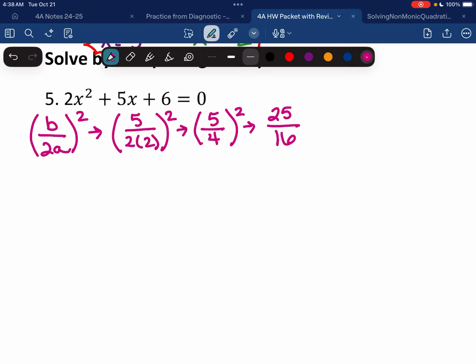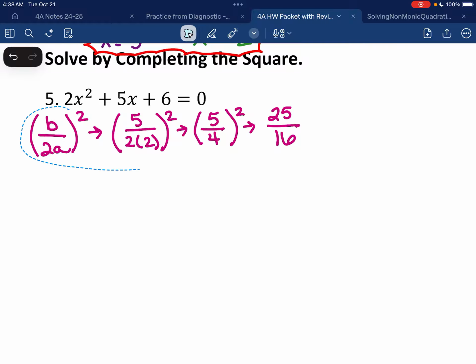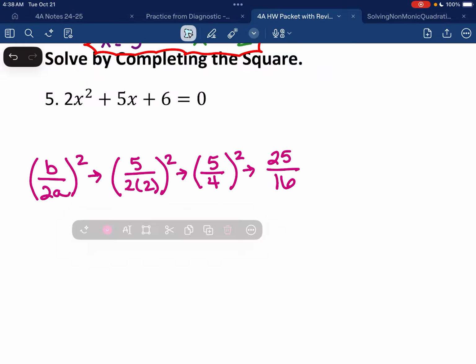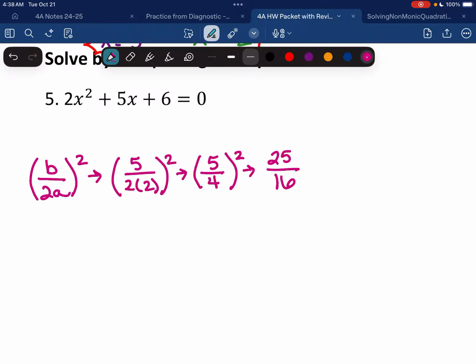Now, what I should have done is move my 6 first. So minus 6, minus 6: 2x squared plus 5x plus some number that I'm going to create equals negative 6 plus some number.